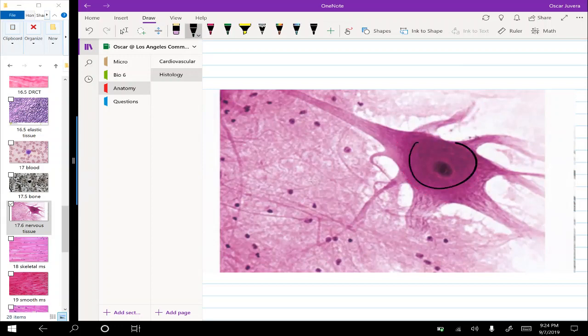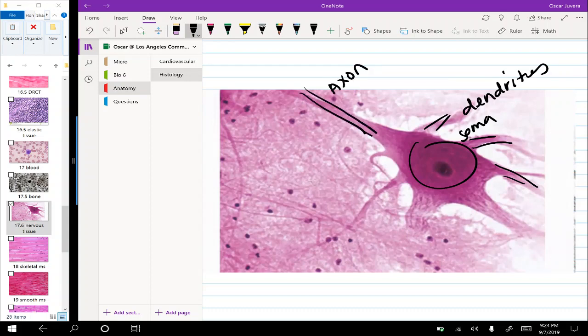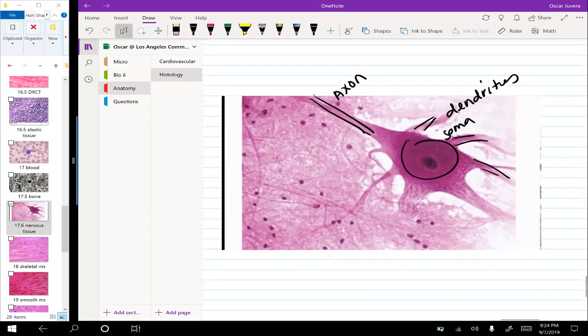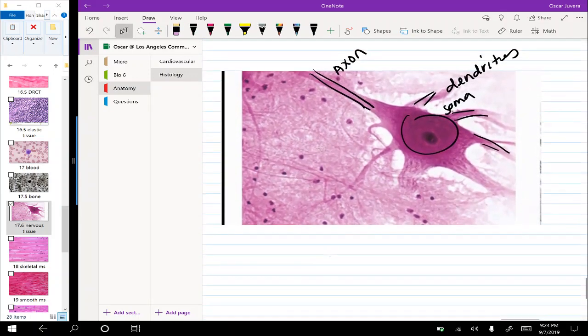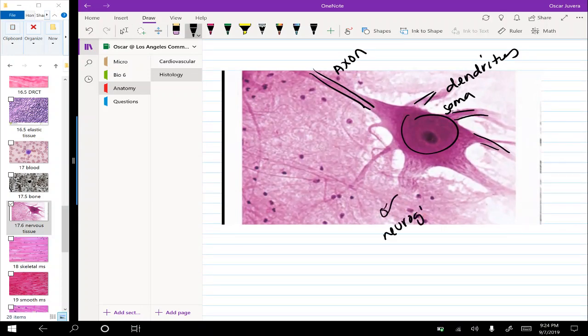This is called the soma. And then you have these little projections right here, which are called dendrites. And then you have the largest aspect of the neuron, which is called its axon. So the nervous tissue is found in the brain or the spinal cord. And then you have supporting cells called neuroglia.